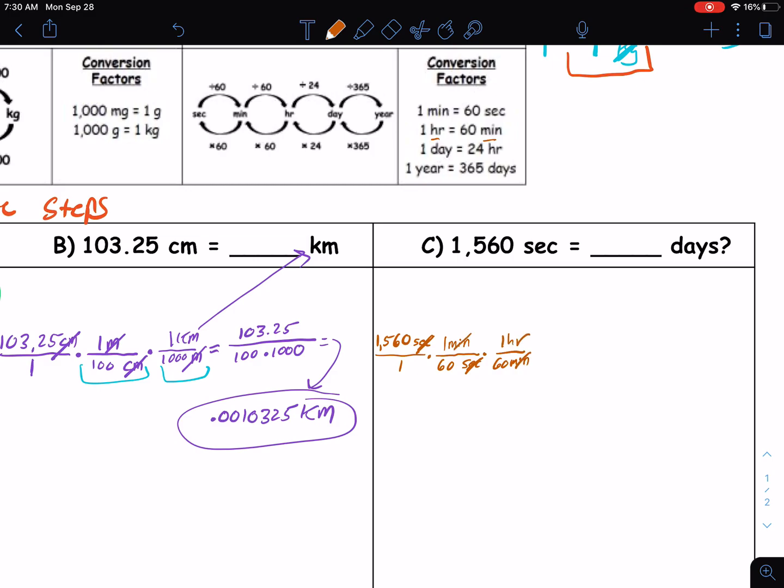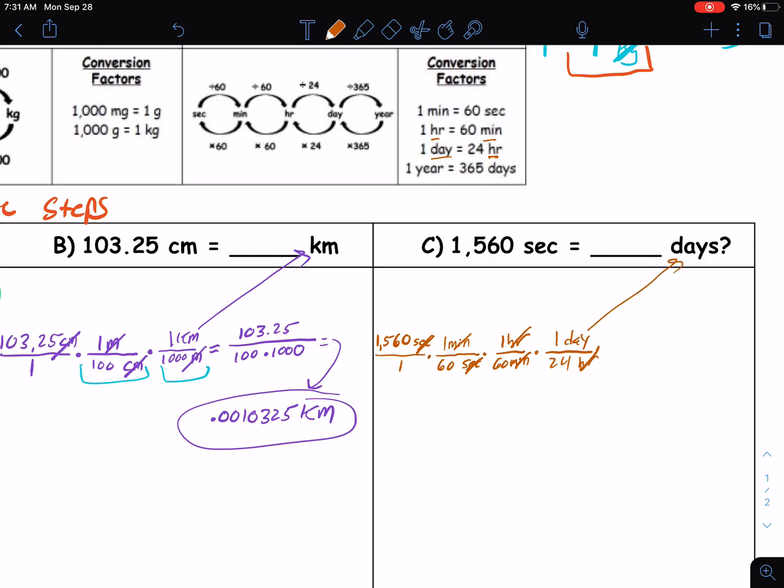The minutes cancel, but we're still not done yet. We're still at hours. So we're going to do our last unit conversion here, where we go hours into days. Now we have hours in the numerator, hours in the denominator. 24 hours equals 1 day. We now have the unit we were looking for at the end.